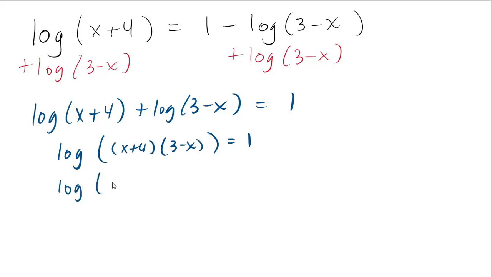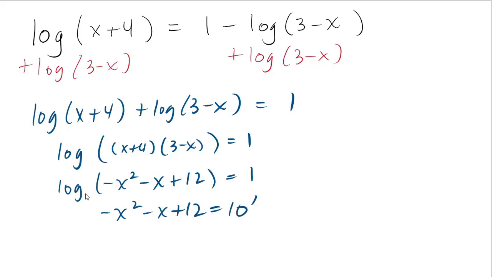Multiplying that out, we get the common log of the negation of x squared minus x plus 12. Rewriting this in exponential form, we get the negation of x squared minus x plus 12 equals 10 to the first, because the base of the common logarithm is 10. 10 to the first is just 10.